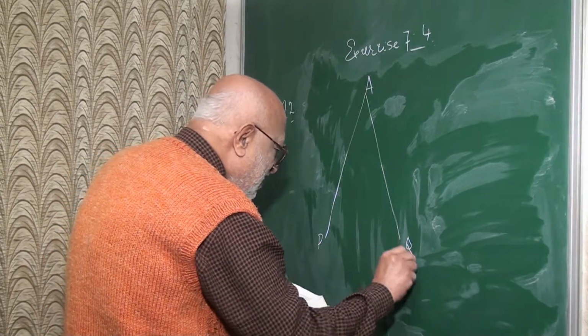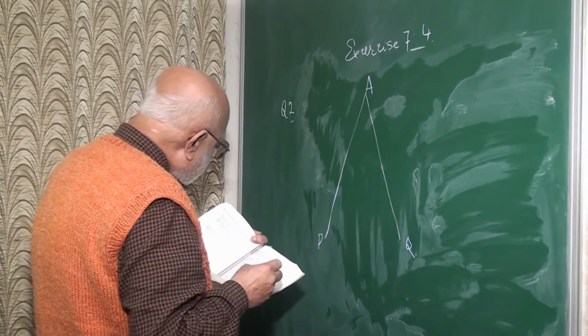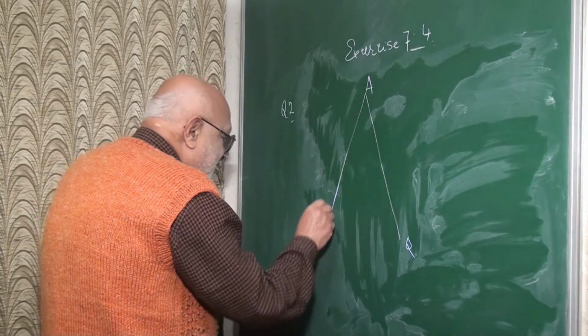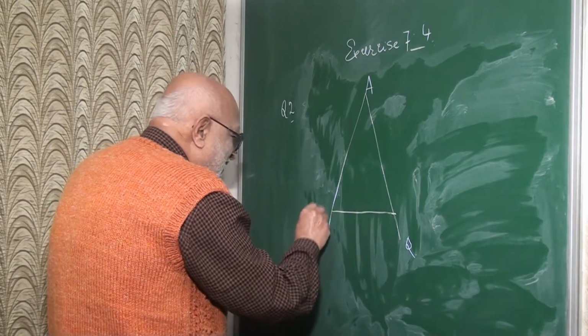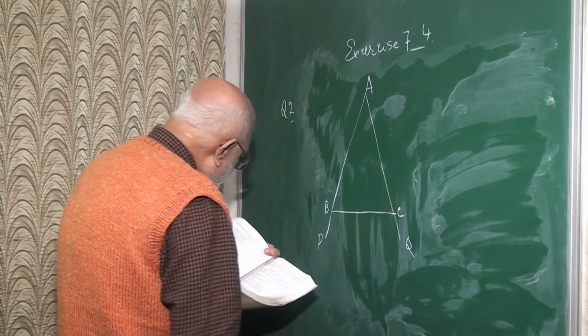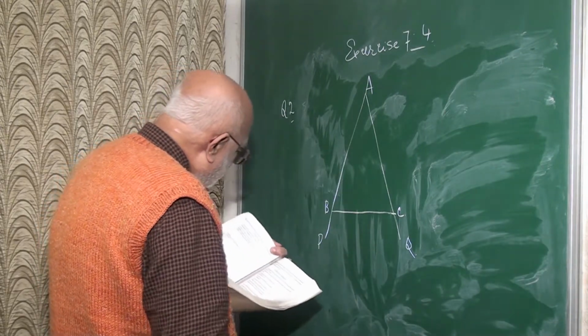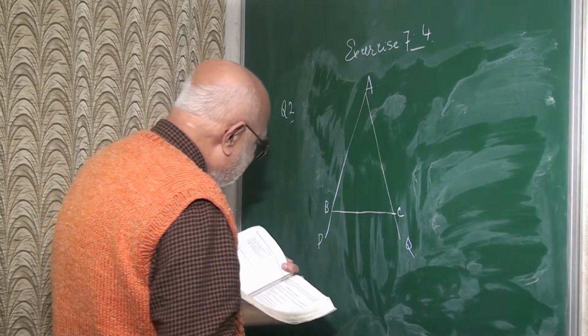So be careful: AB will be extended to P, so I will draw a line here in order to define B and C. AB is extended to P, and AC is extended to Q.